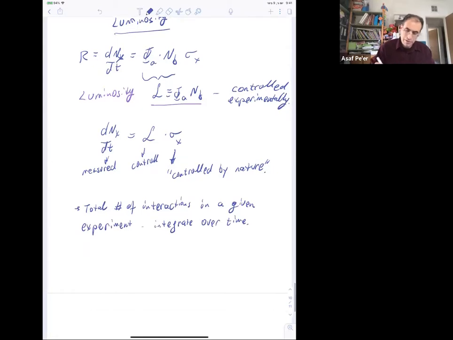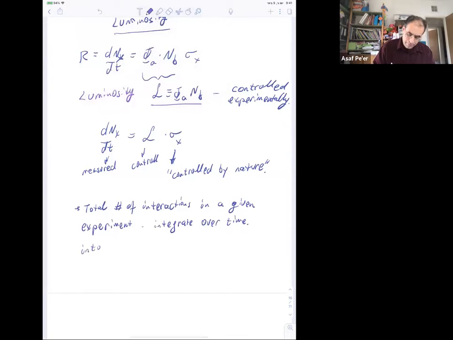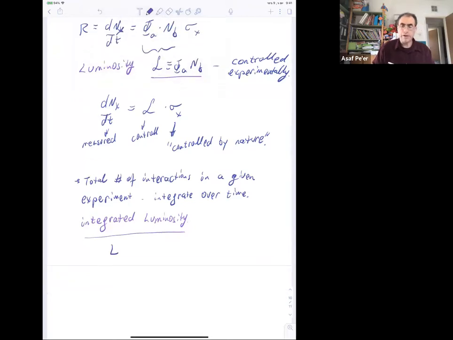That gives us the integrated luminosity. Let's now write this regular L, just the integral of the curly L times dt.